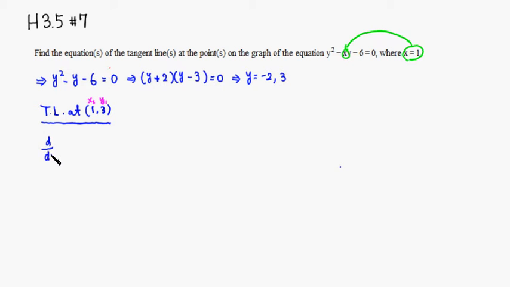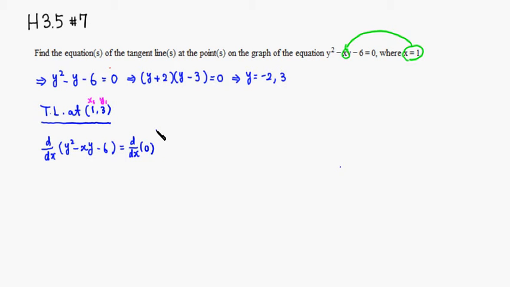We take the derivative of the left hand side, which is y squared minus xy minus 6, and the derivative of the right hand side with respect to x.